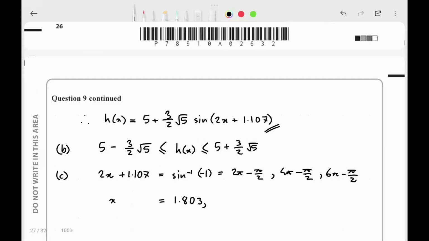It's 4.944. And the final value is 8.09 or 8.086.